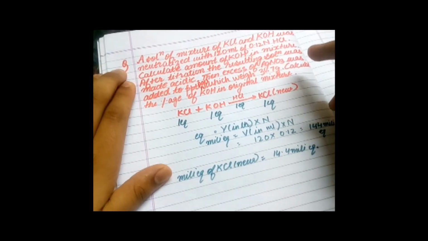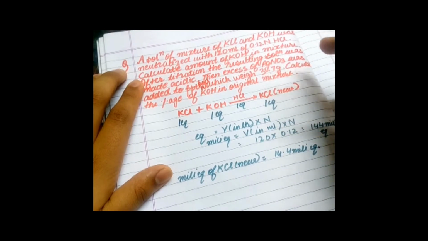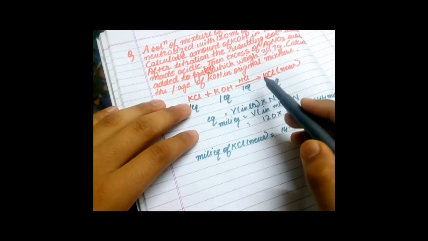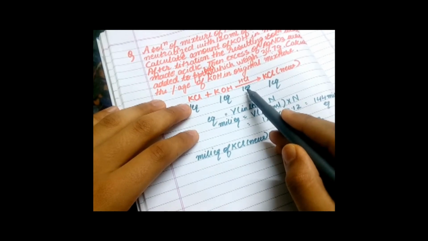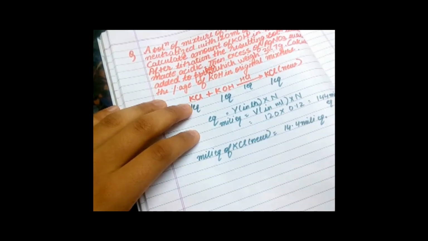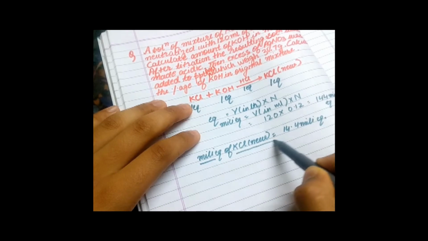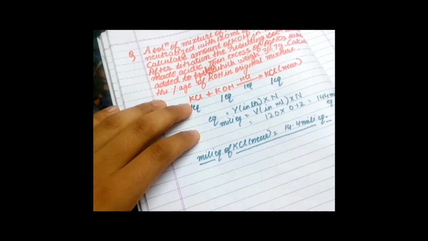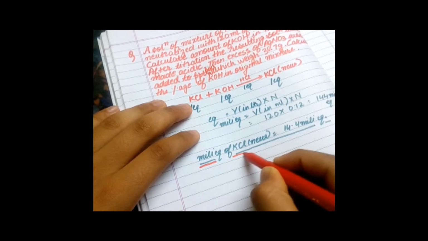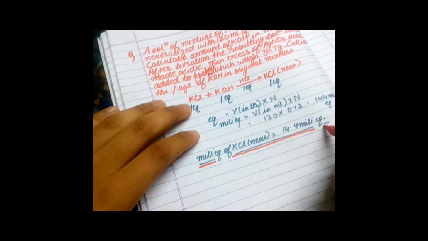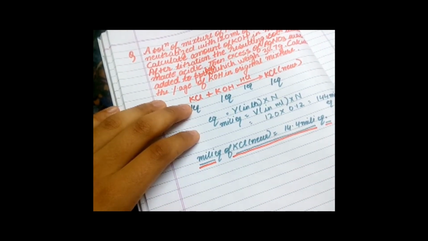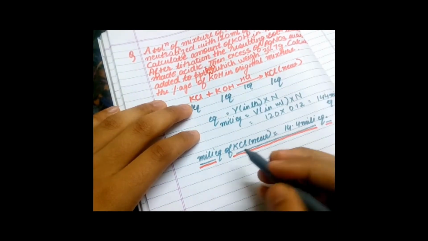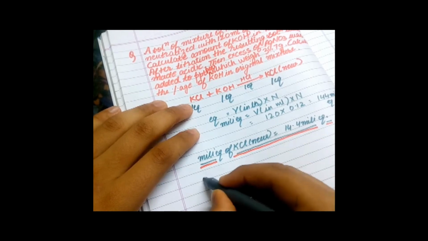So what we have to calculate now? The amount of KOH in the mixture. HCl has reacted with KOH, and I have written that 1 equivalent of HCl reacts with 1 equivalent of KOH. This equation we will be using in the later part of the question, friends. Let me highlight it.